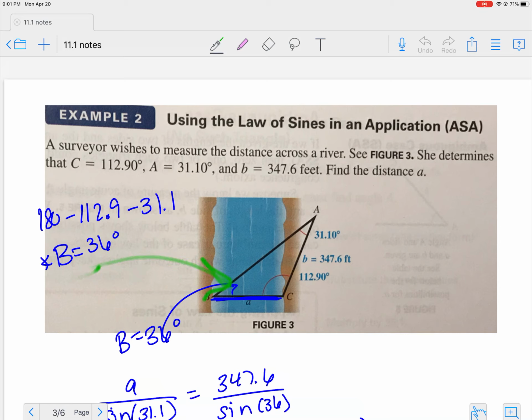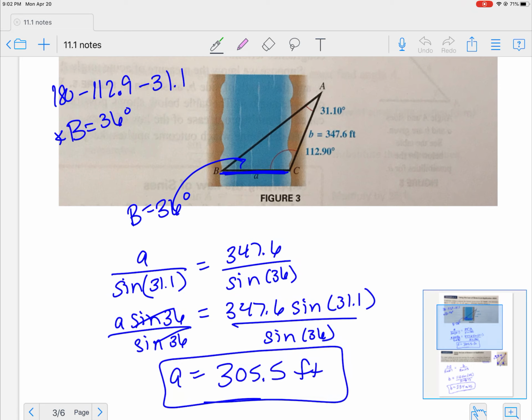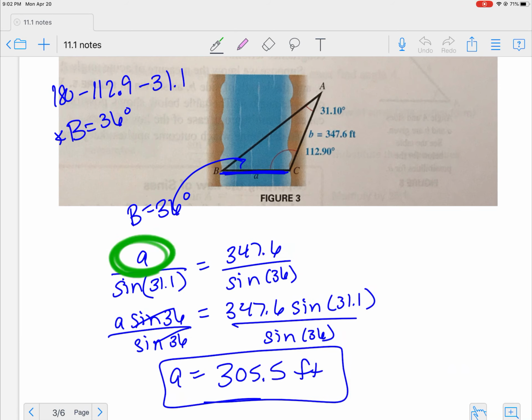As soon as you find what this B is, whammo jabammo, you can now set this up with the law of sines. I need to find A, so I'm putting it in the numerator. And this is my setup for B. Cross multiply, divide by the sine of 36, and A is 305.5 feet.